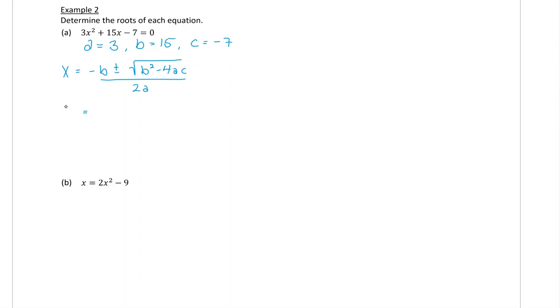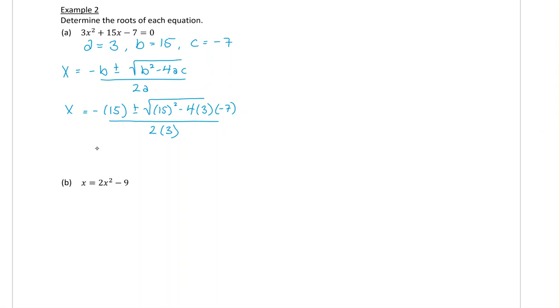Substitute all of your values in. This is negative 15 plus or minus the square root of 15 squared minus 4 times our a value of 3 and our c value of negative 7, divided by 2 times 3.